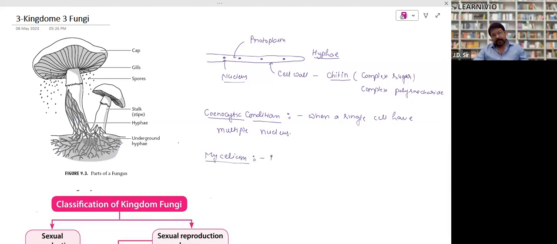Mycelium is a network of hypha, right? When a number of hypha are found like this, like they make a network like this one, what will you call them? Mycelium. Is that clear? Let me write it down more clearly.